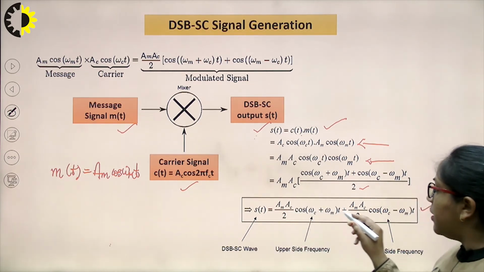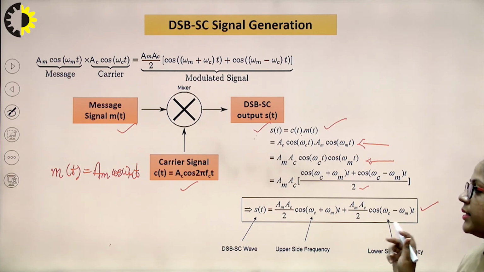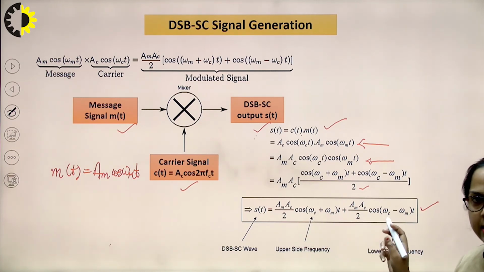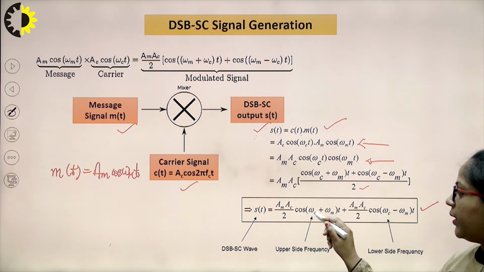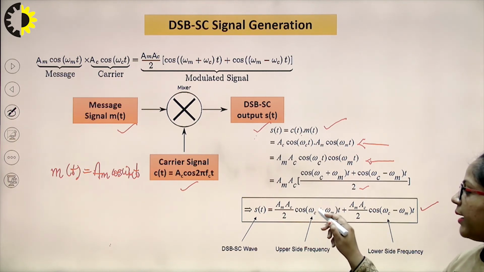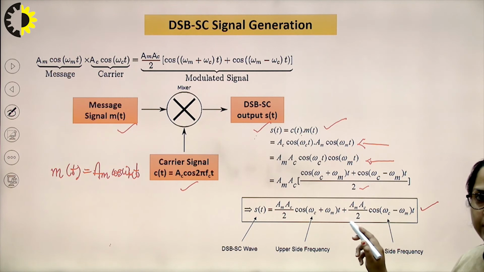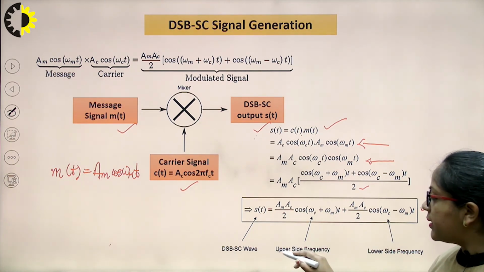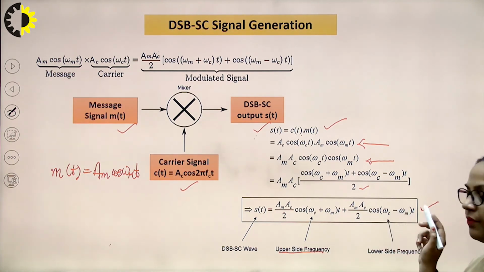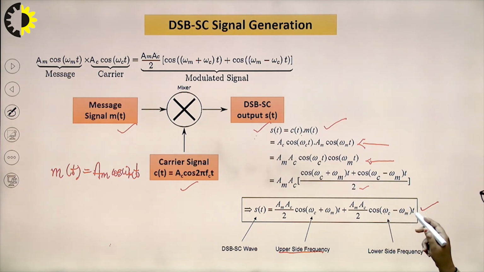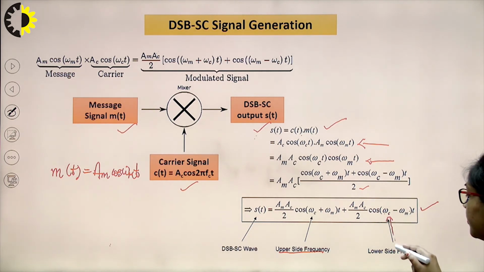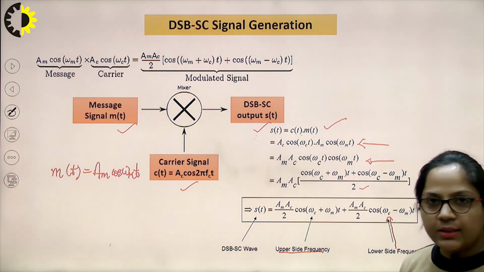Here we can observe that in the standard expression of this DSB-SC signal, we have only two terms. The first term, where we are getting the summation of carrier frequency and message signal frequency, represents the upper sideband, and the second one, where we are having the difference of carrier frequency and message signal frequency, that is omega c minus omega m, is the indication of the lower sideband.